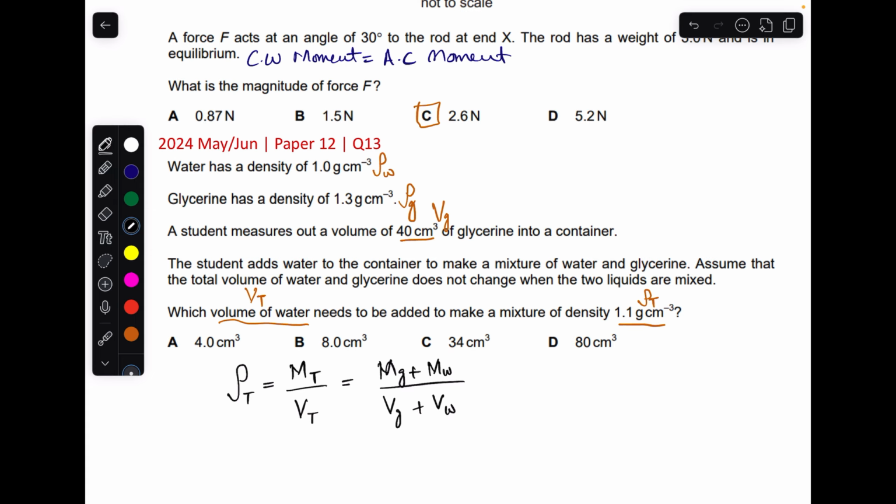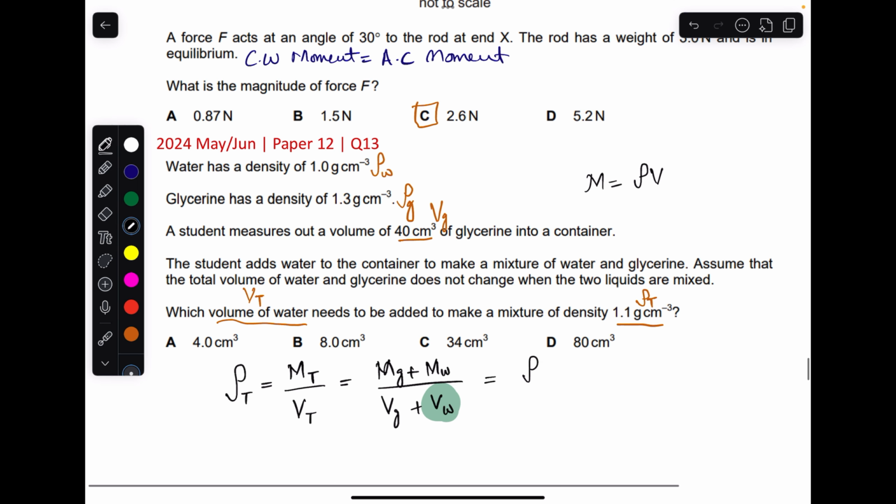We have to find the volume of water, right? We don't have the mass of either one, so we can change the mass into another form. We know mass is equal to density into volume, right? So mass of glycerine can be written as density of glycerine into volume of glycerine, plus mass of water can be written as density of water into volume of water.